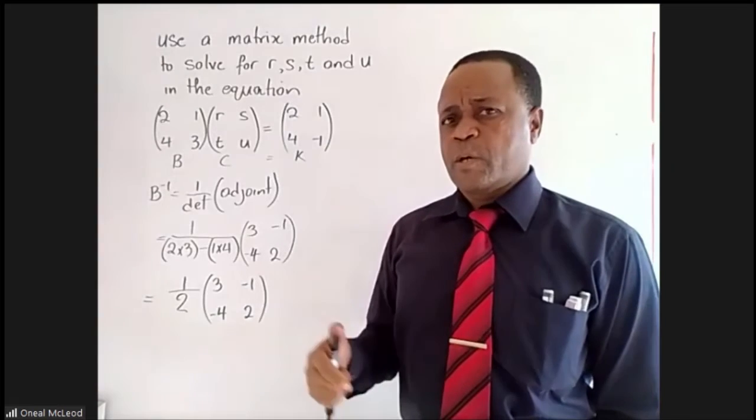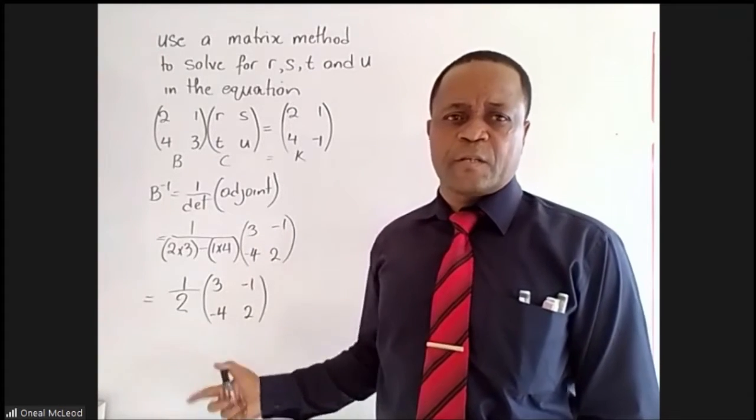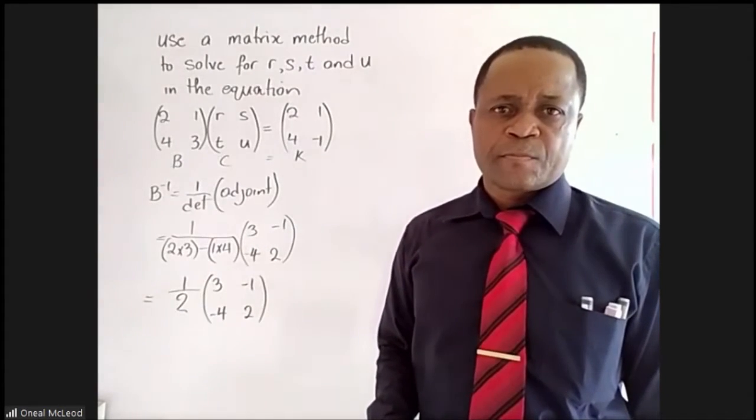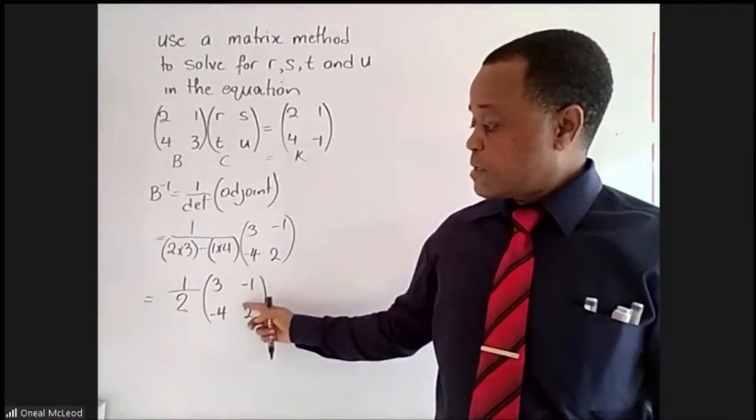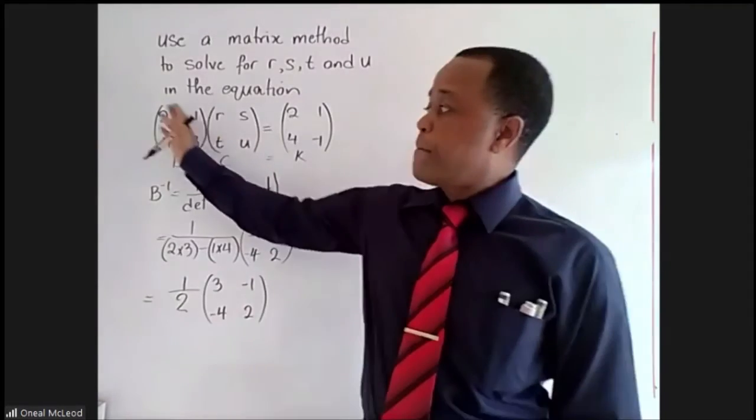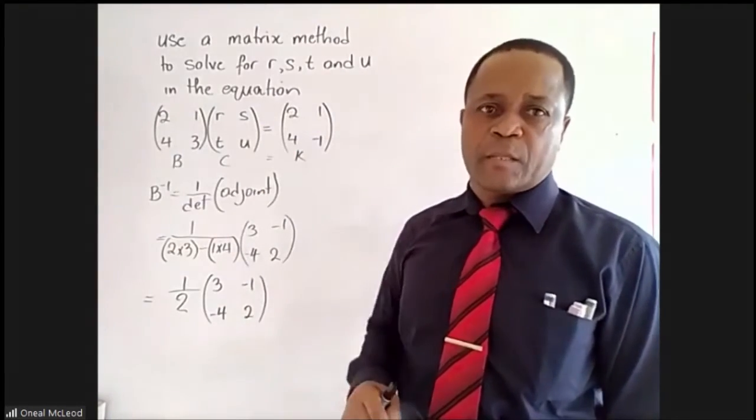Now, what is it that we're going to be using this inverse to do? You're correct. We're going to be using this inverse to multiply both sides of the equation.